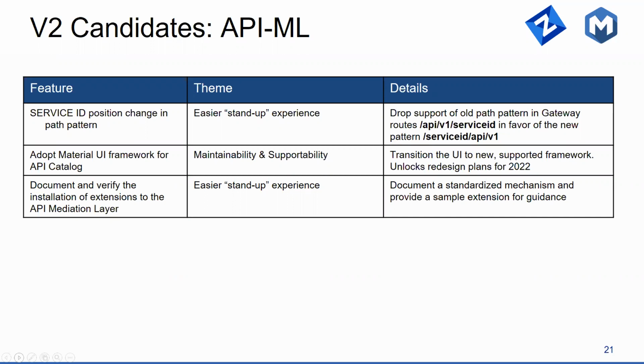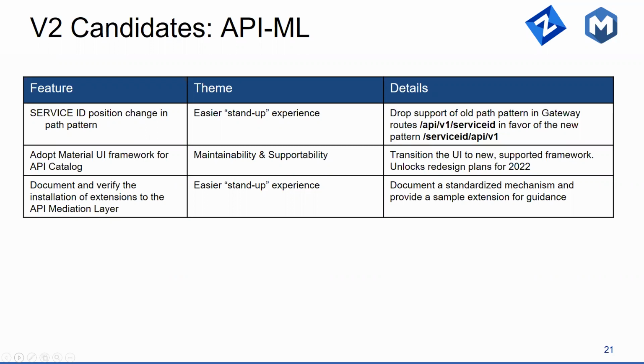The second thing I just wanted to mention is the change in the UI framework for the API catalog. Currently we're using a framework which isn't actively developed. So we'd like to transition to a more actively developed and supported framework.